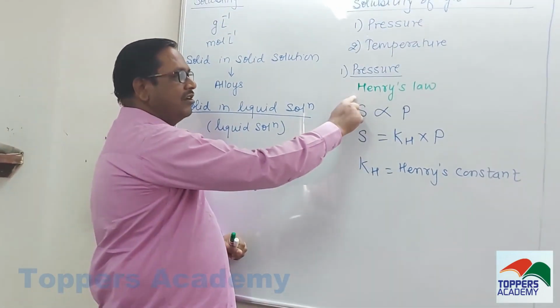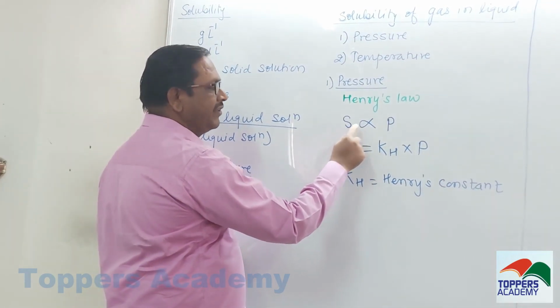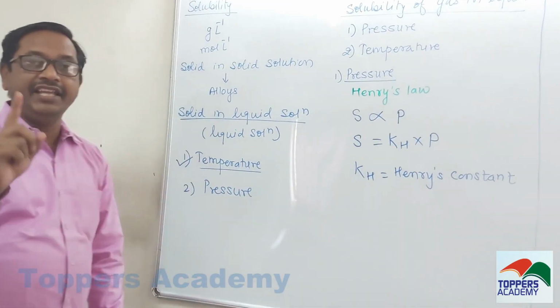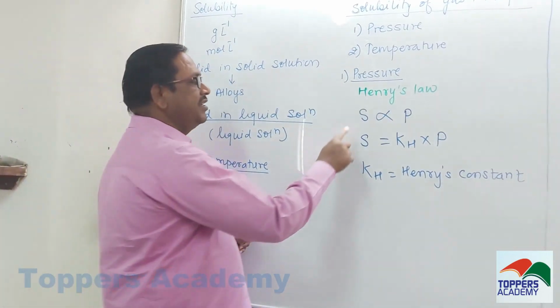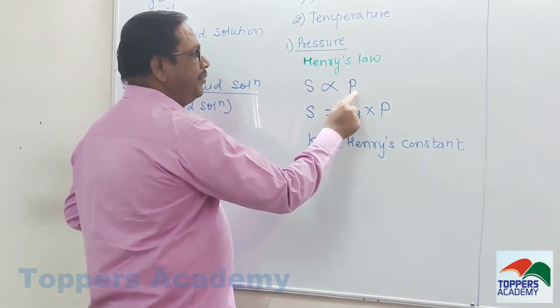Therefore Henry's law states that the solubility of gas in liquid is directly proportional to the pressure of gas at any constant temperature, where S is the solubility, P is the pressure.